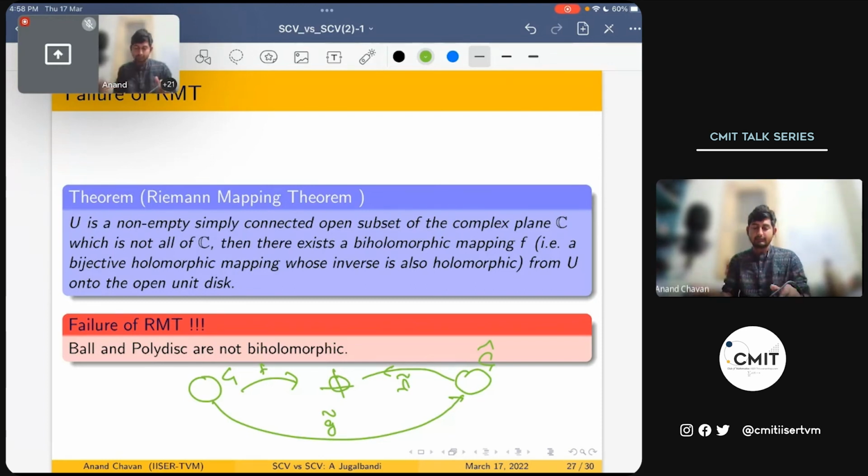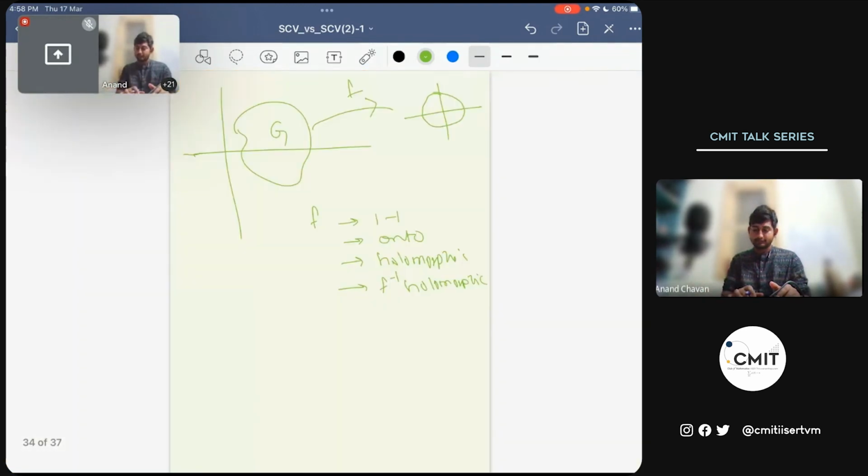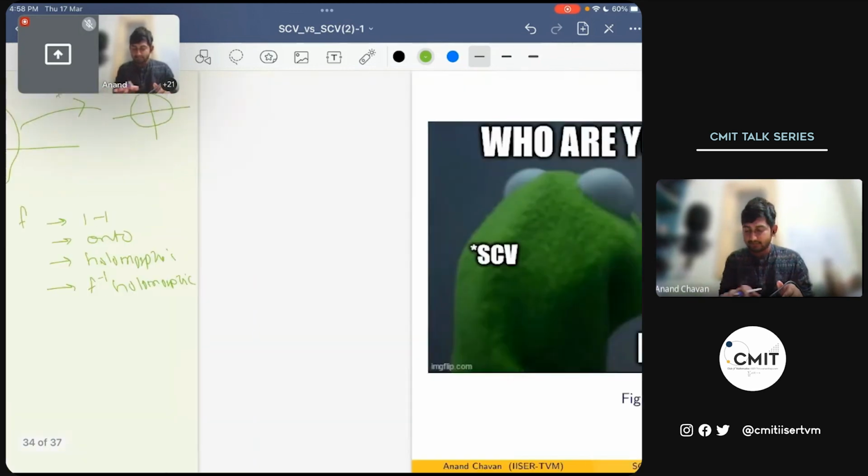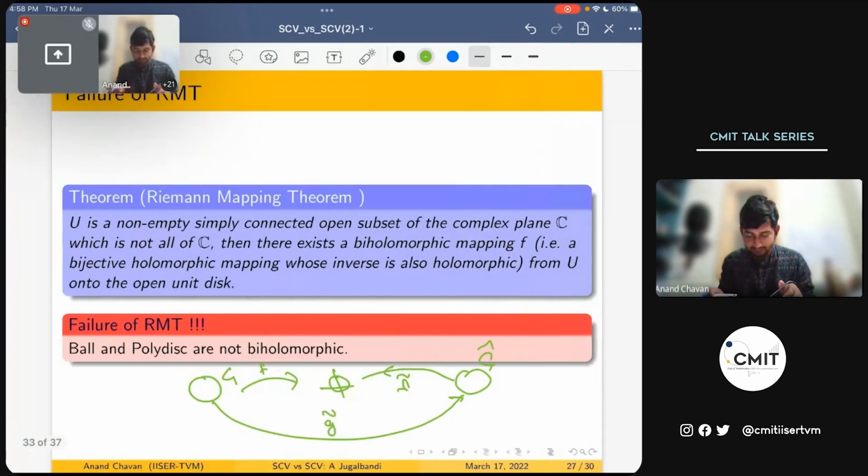So we can't use the Riemann mapping theorem in higher complex dimensions.